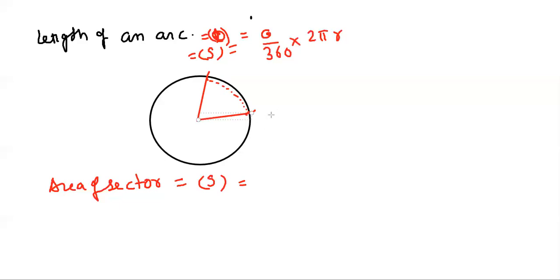The area between these two radii is known as area of sector. So area of sector is given by A. Since this sector is part of the area of the circle, I will write theta upon 360 into pi r square. Understand this, okay?